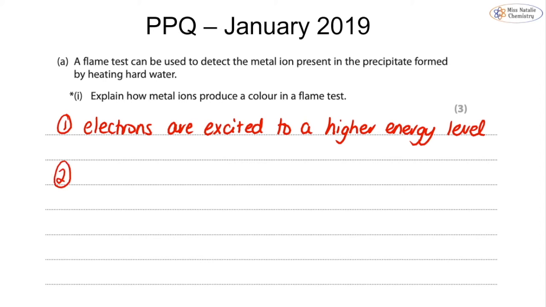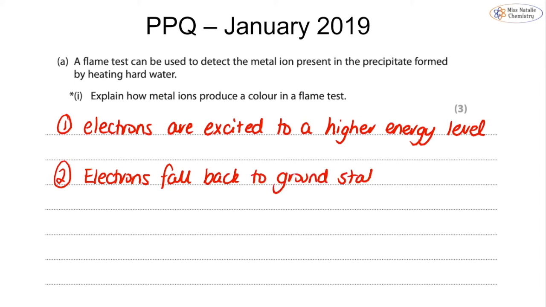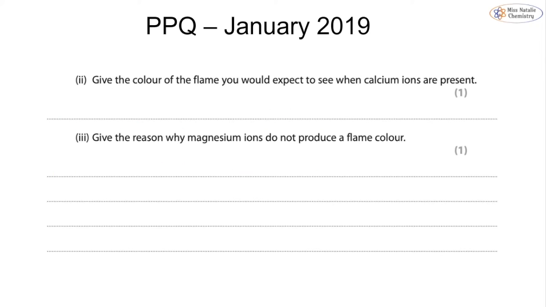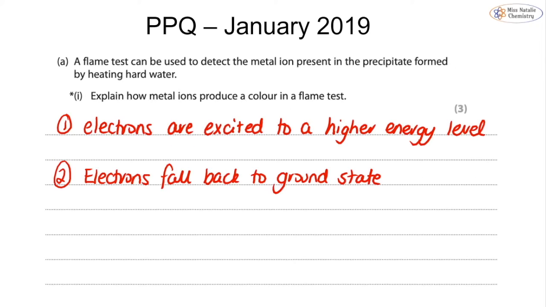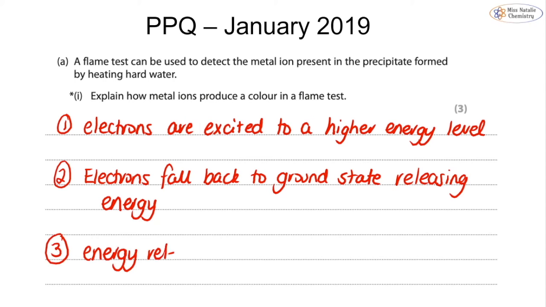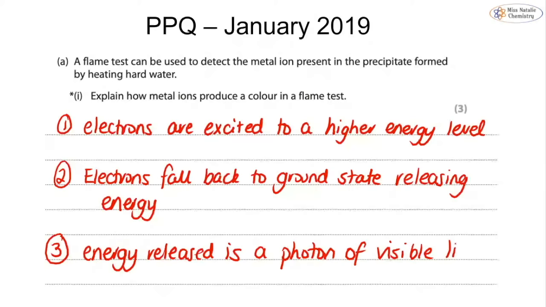Then the electrons fall back to the ground state. And when they do, they are going to release energy. And then the third mark is that the energy released is a photon of visible light.